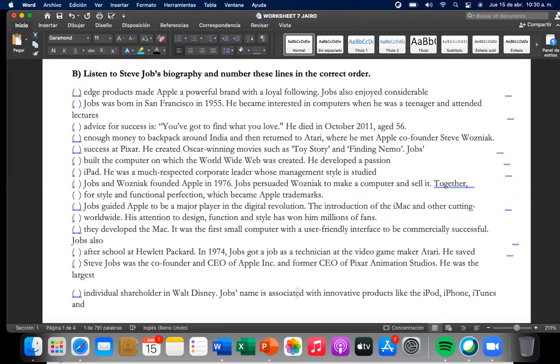Continue. He was a much respected corporate leader whose management style is studied. Okay, very good. Studied, Nicolás. Studied. Okay, studied worldwide. Good. His attention to design, functions and style has won him millions of fans.